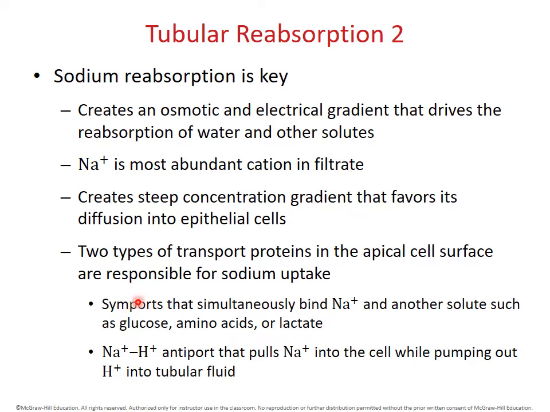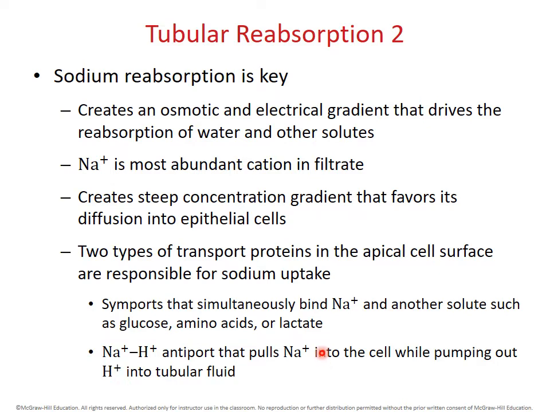The other kind of sodium transport protein we have in the apical surface of the cuboidal cells is a sodium-hydrogen ion antiport. Remember, again, antiport, opposite directions. This transporter is going to pull sodium into the cell, and at the same time, it's going to pump hydrogen ions out into the tubular fluid.